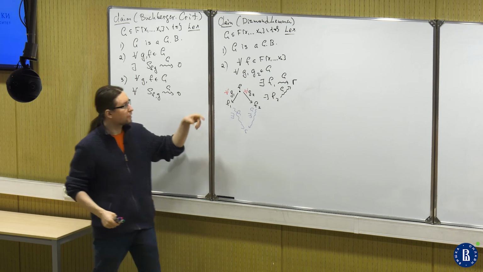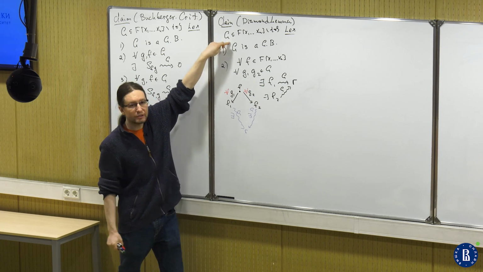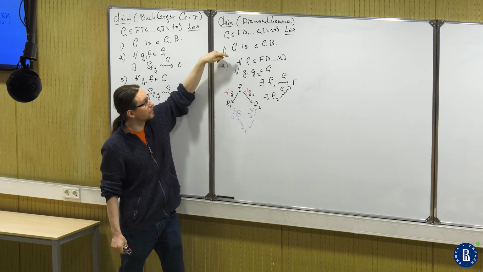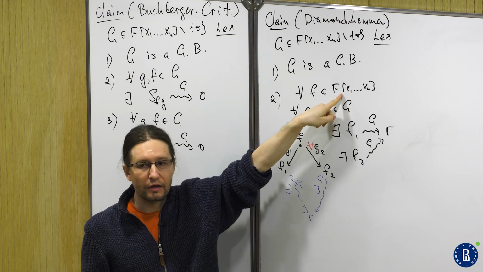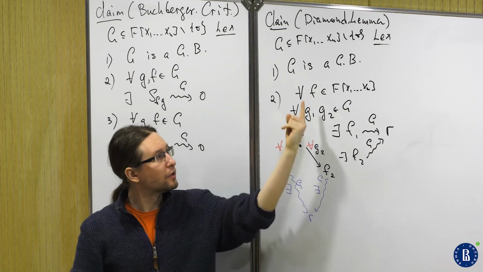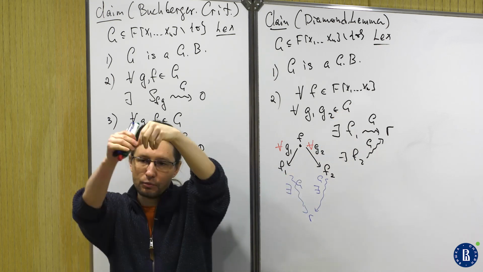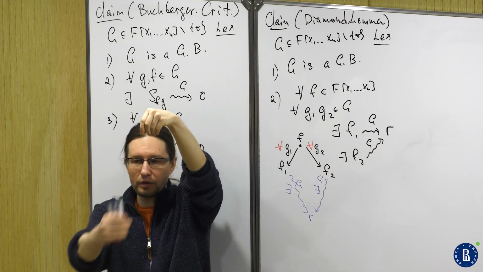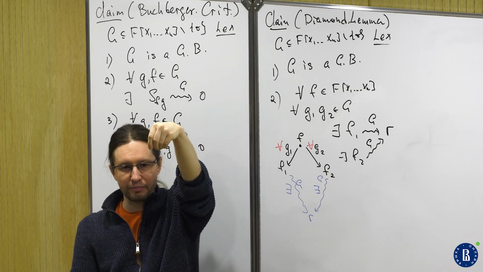So let me repeat what's going on here. What does it mean that G is a Gröbner basis? It means that you can take every polynomial f from the polynomial ring, then all the remainders of this polynomial with respect to this set are the same. So when you reduce every polynomial, you will stop at exactly the same polynomial.